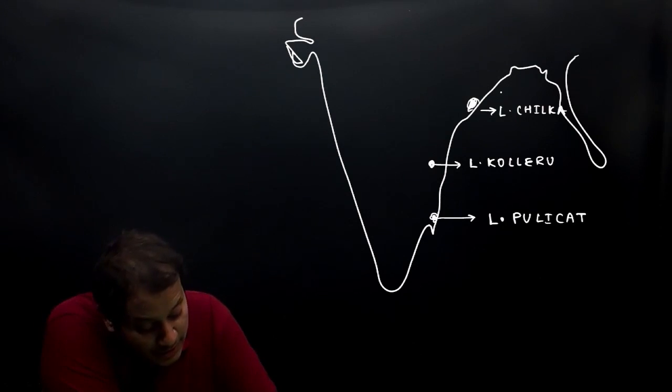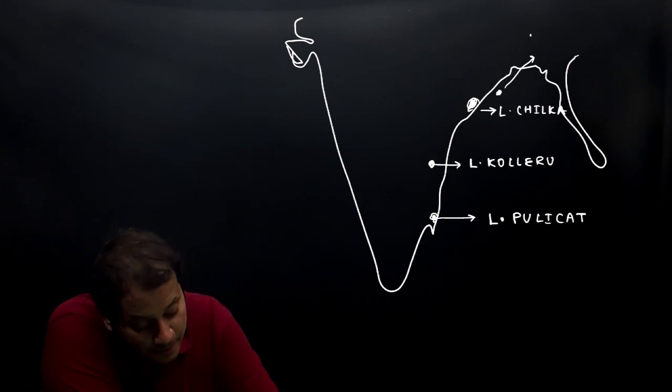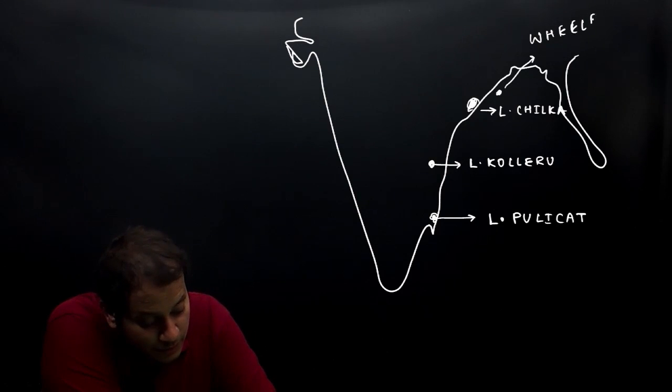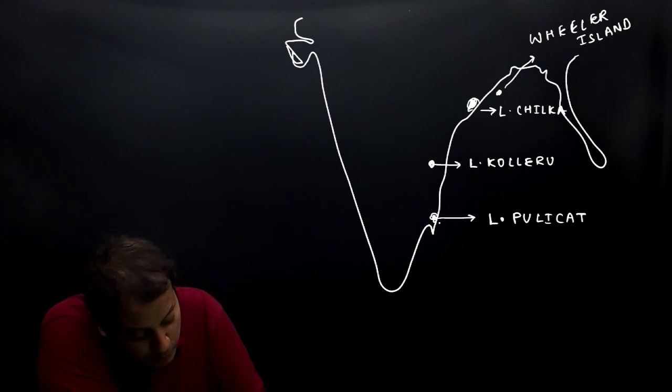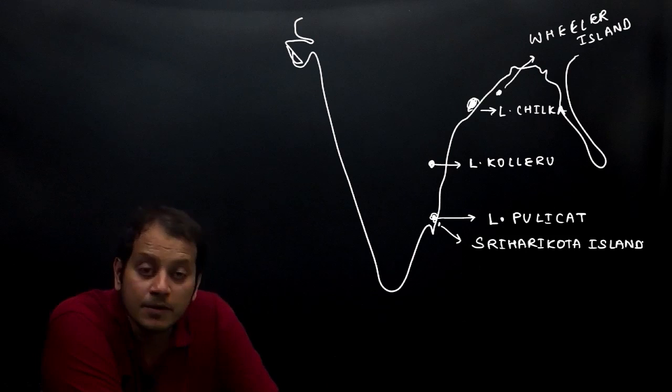Opposite the Chilka, opposite the Utkal Plains, is the Wheeler Island. Opposite the Pulicat Lake here we have Sri Harikota Island.